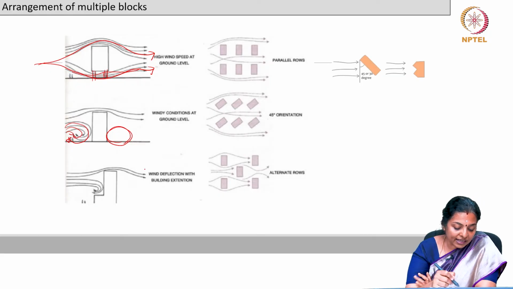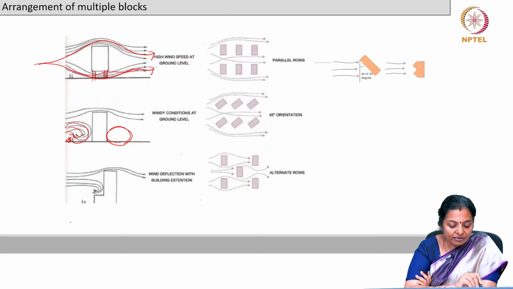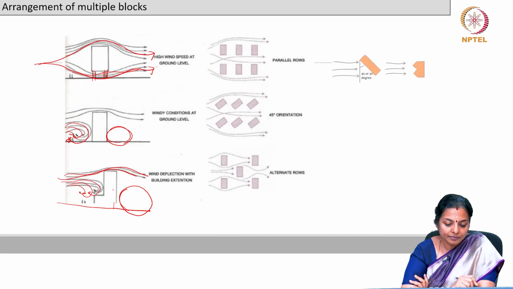When you have a configuration as such, there will be a small wind deflection in this area and the wind would still slide over the building and you would have a wind shadow region.